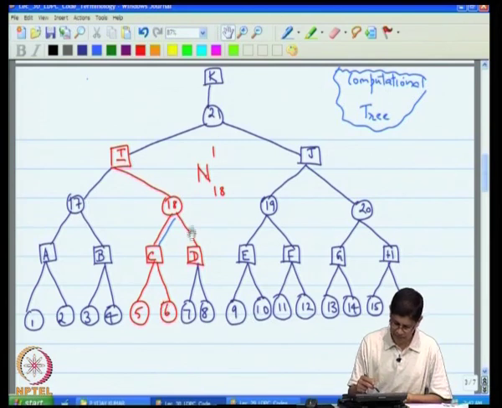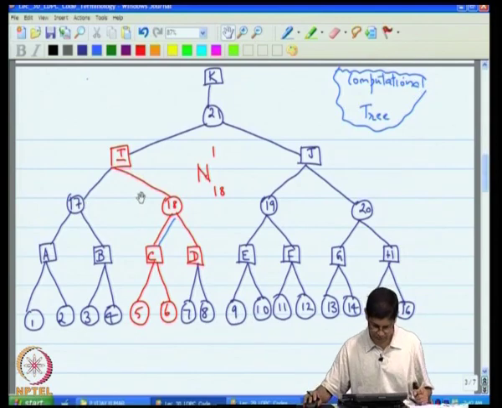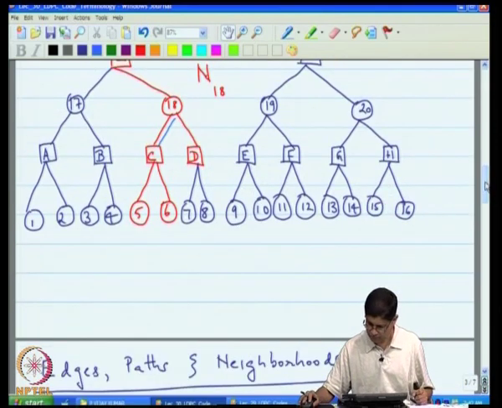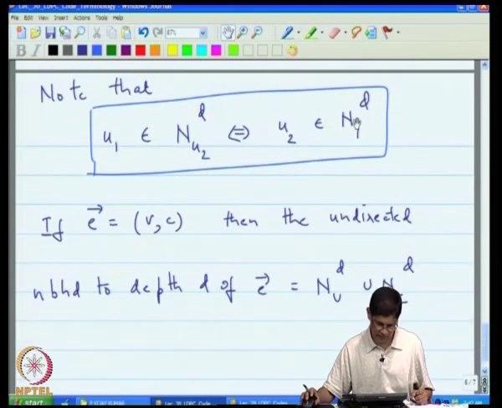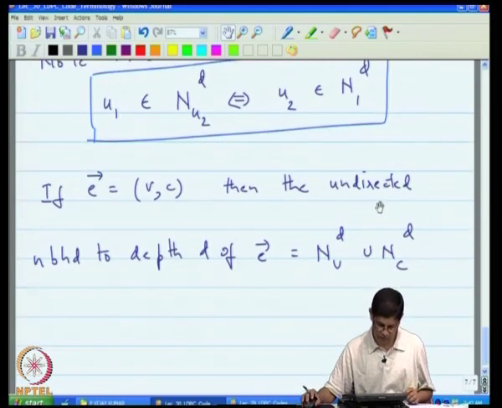That is why everything that is shown in red is actually included in this. There is also a notion of an undirected neighborhood of the directed neighborhood.